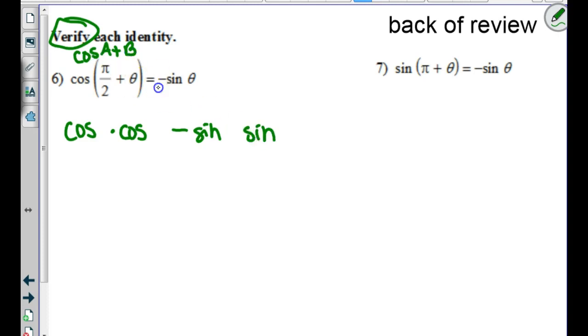Okay, so cosine a plus b off the sheet says cosine cosine minus sine sine. But a is pi over 2 and b is theta. Then what?